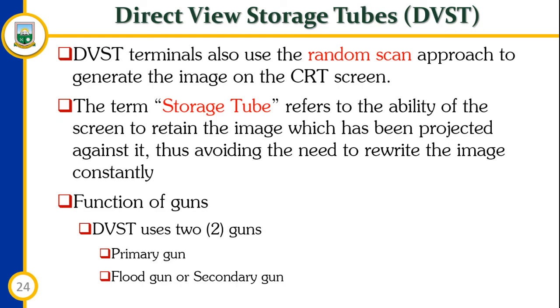Now, under the function of the guns that are available for the DVST, as we already said, it's also a random scan approach which generates images on the CRT. In this case, the DVST has two main guns. We have the primary gun and also the secondary gun, which sometimes we term as the flat gun.